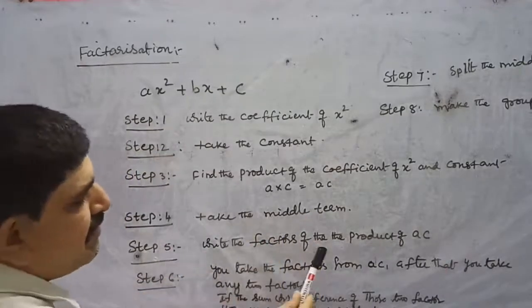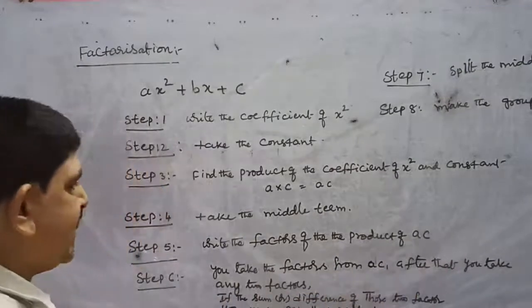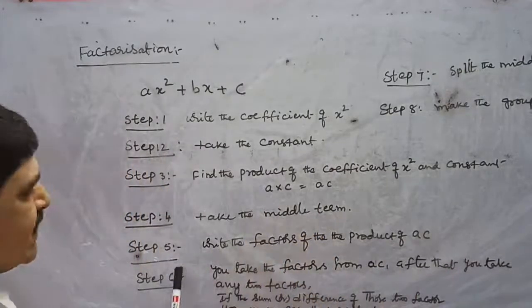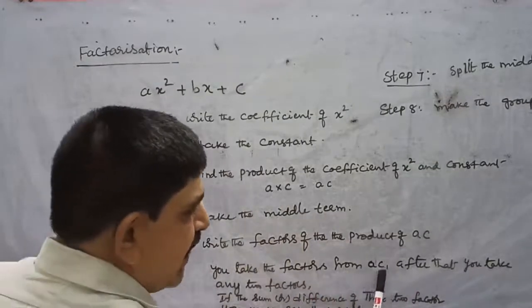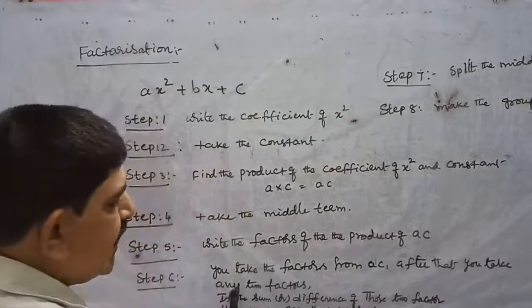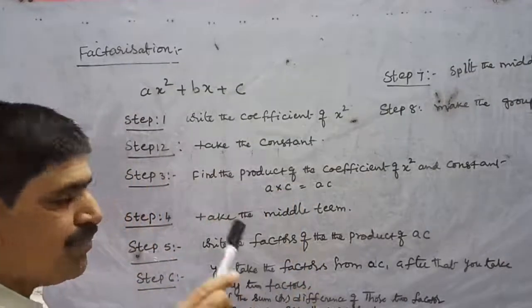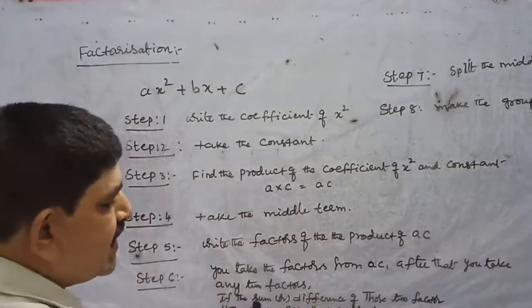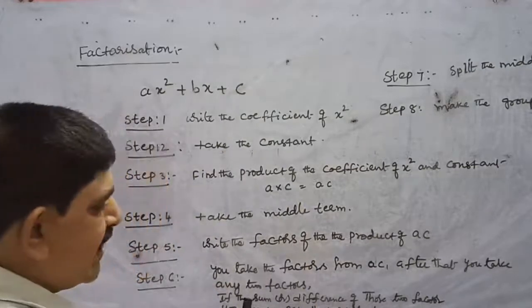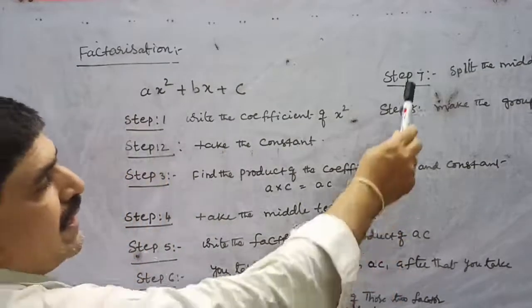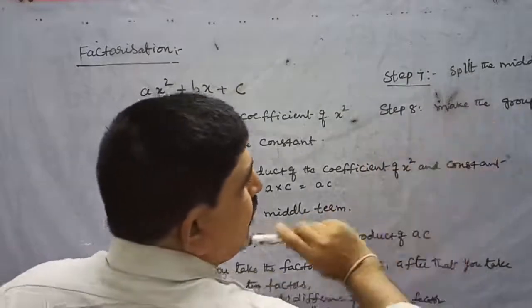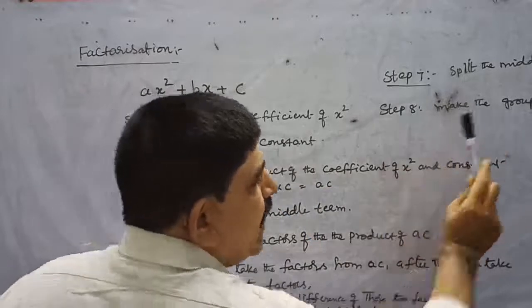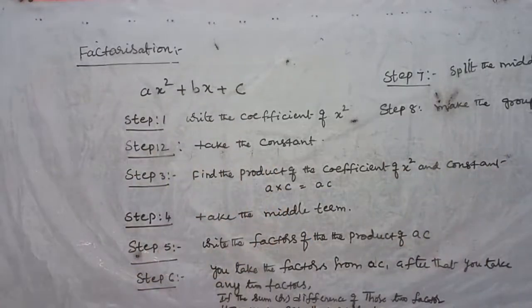Step 5, write the factors of the product of AC. Next, step 6, you take the factors from AC. After that you take any two factors from those factors. If the sum or difference of those two factors, you must get the middle term. That is the condition. Step 7, split the middle term, and step 8, make the groups. So these are the rules we have to follow to get the factors.